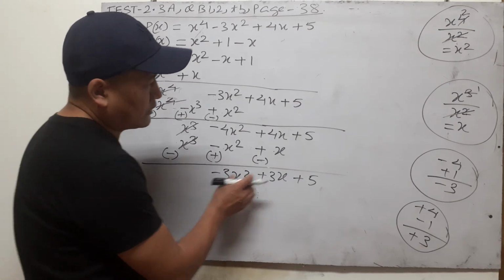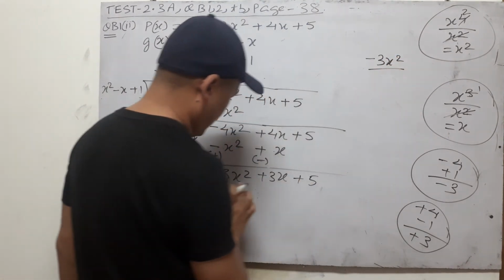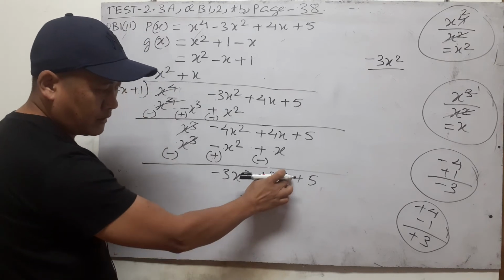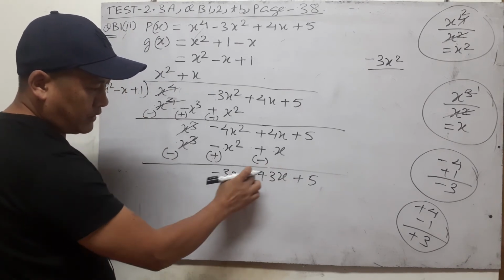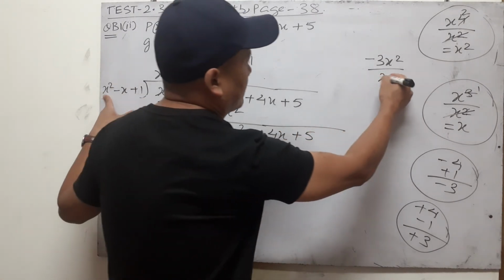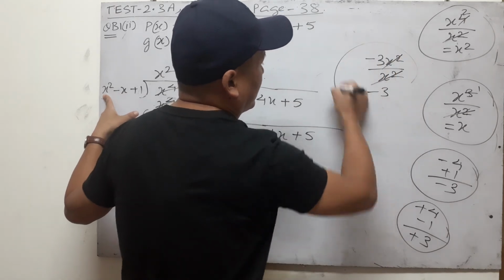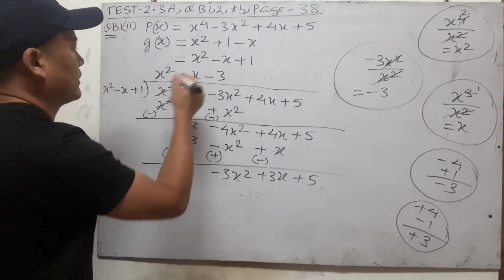So take the highest degree term of the new dividend, minus 3x squared. This is the highest degree term, not the other, because that has only power 1 and this has 2. Divide it by the highest degree term of the divisor, like we've been doing. These two cancel, and we're left with minus 3. So write here minus 3.